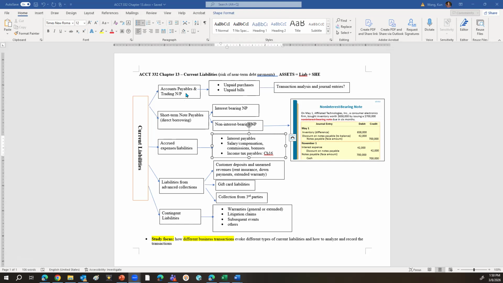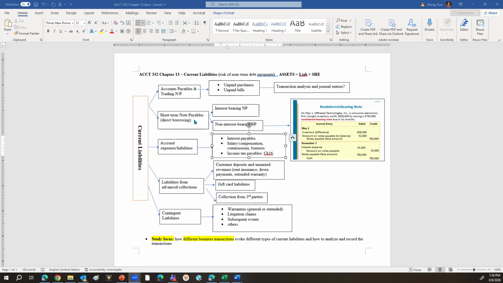So with trade notes payable, you have more of a legal binding to make the payment, and the payment term can be longer than accounts payable. Accounts payable is the normal invoice with a very short term, like 30, 45, maximum 60 days, supported by the good credit of the purchasing company. That's the common accounts payable, which we talked about in prior classes.